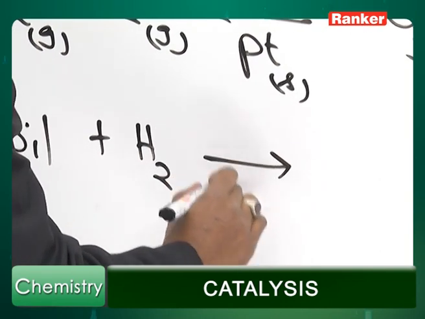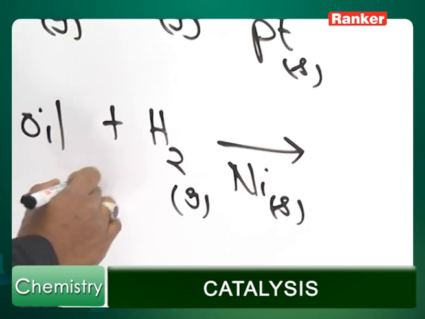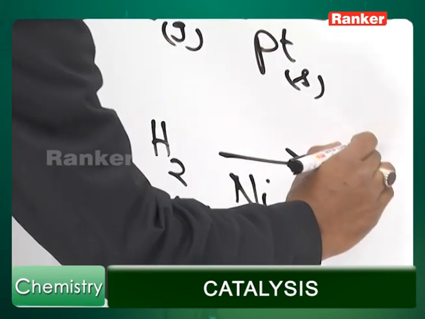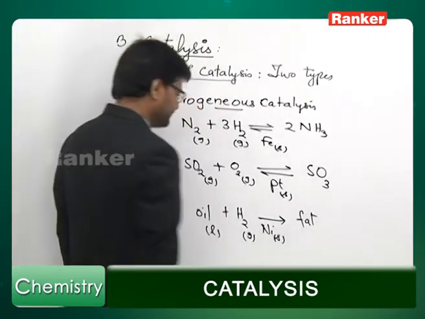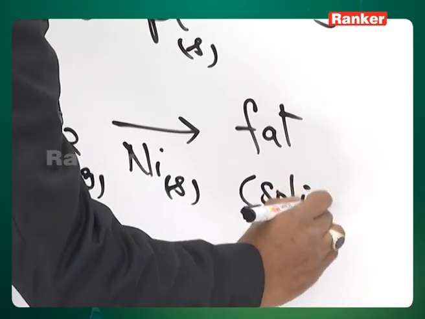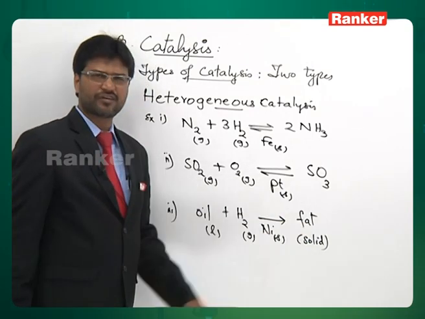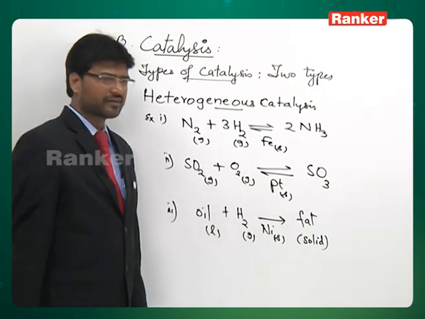The catalyst used is nickel, which is a solid. This is a gas, this is a liquid, and you get solid fat. This is hardening of oils for the preparation of vanaspati ghee, which is also called as margarine.